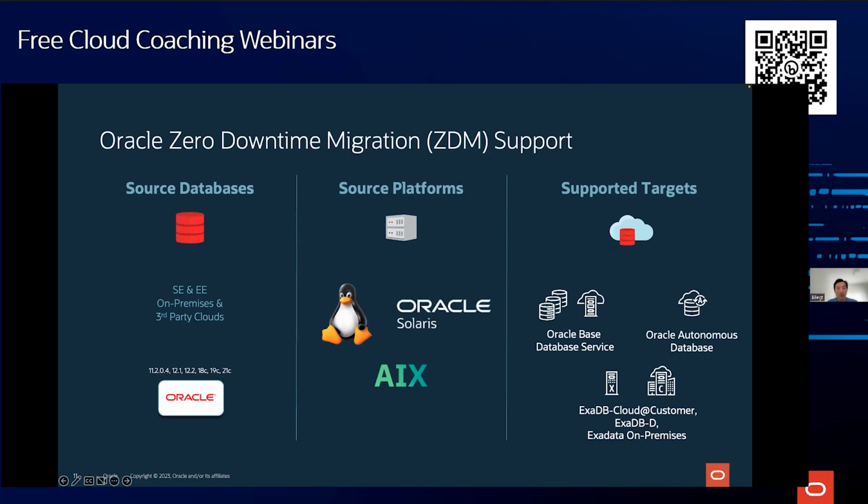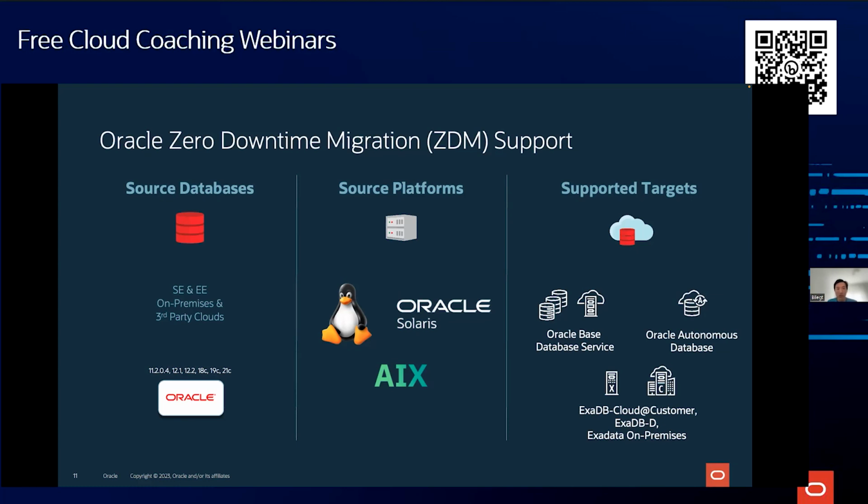Let's take a moment on this slide. As you can see, we have some information about source platforms and supported targets. ZDM supports Standard Edition and Enterprise Edition at source, from 11g to 21c versions.